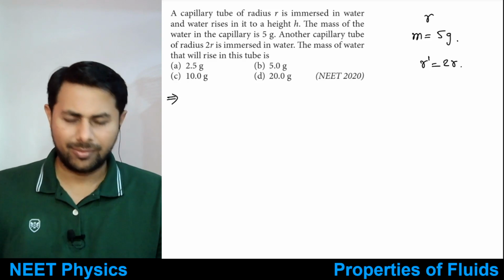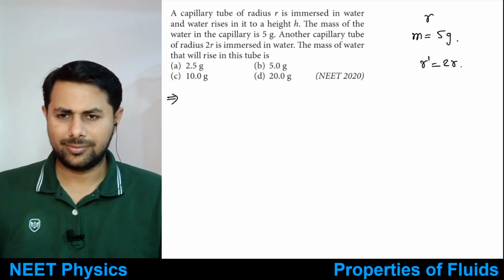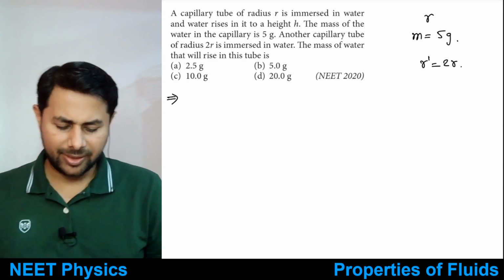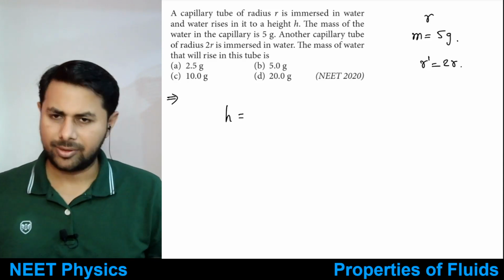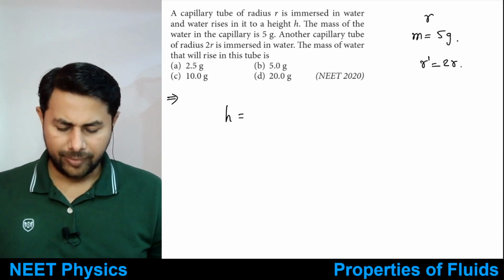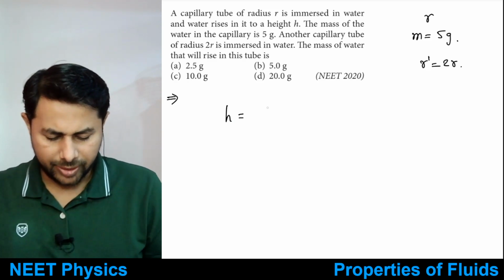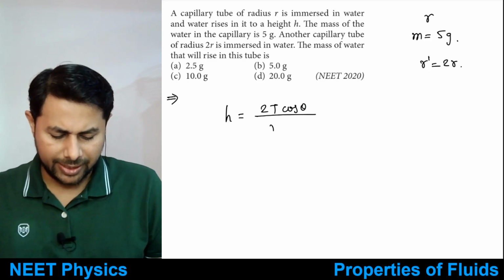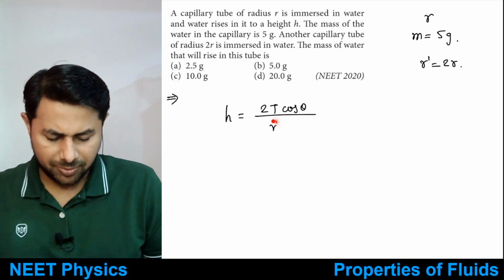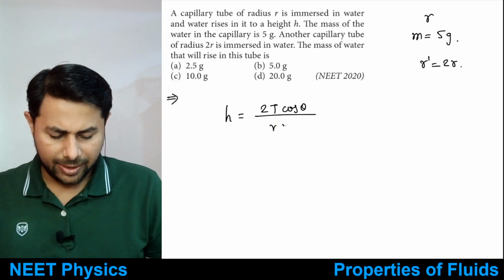Tell me. First of all, let's start with the formula for the rise of liquid in the capillary tube, the height of the liquid. So this is water. The formula is 2T cos theta divided by r rho g. I write small r because they say small r is the radius of the capillary tube.